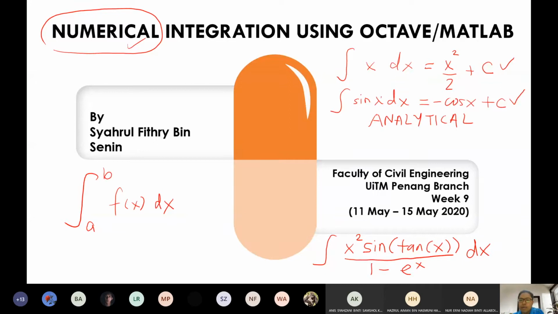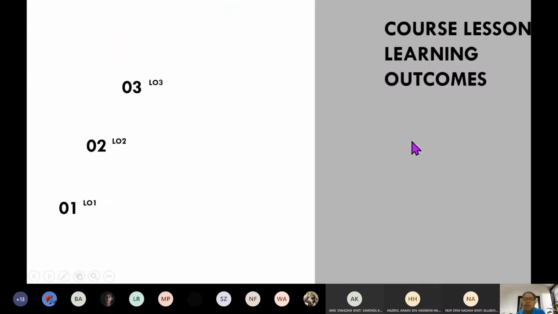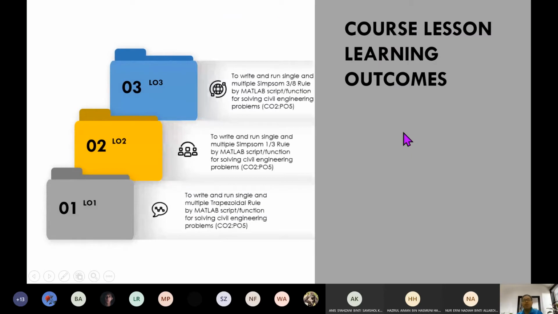So in order to help you get the solution, we have to perform numerical integration, either by manual computation, or you can use a computer approach, where in this case we will use Octave or MATLAB.